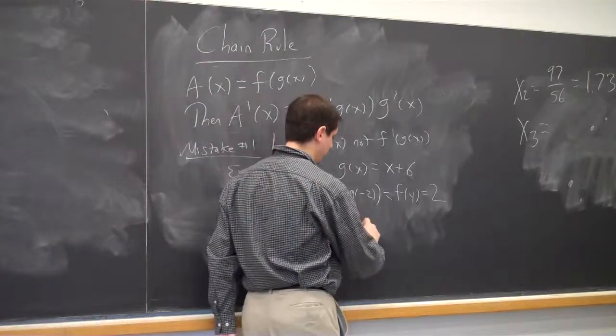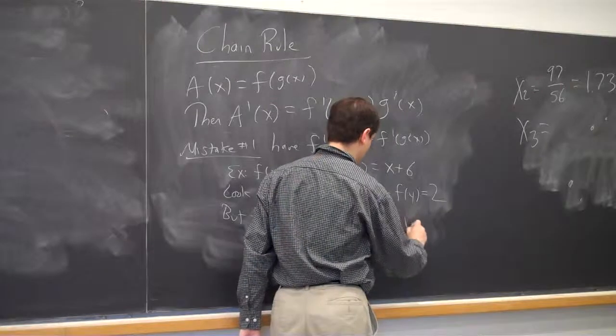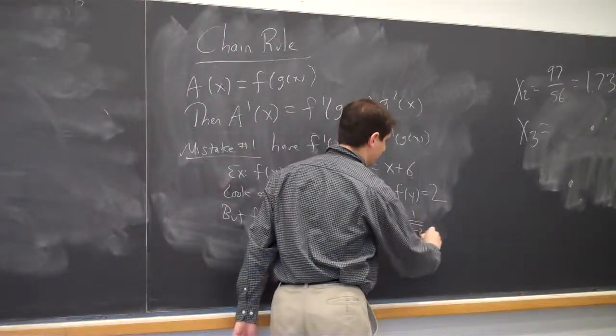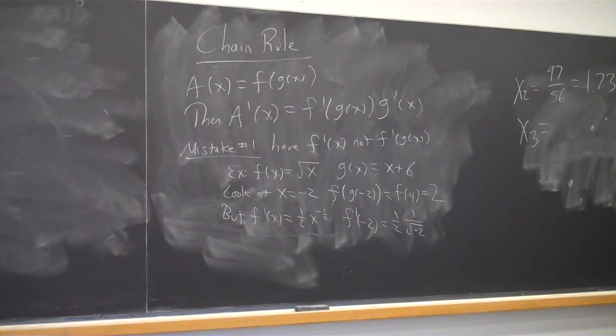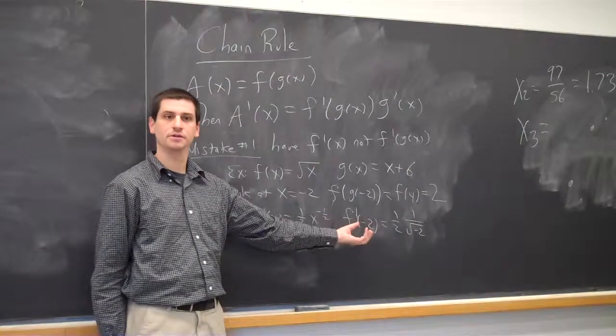What's f prime of -2? That's 1/2 times 1 over the square root of -2. The square root of -2 is not a real number. Okay? This is the danger of evaluating my function at a place where it's not defined.